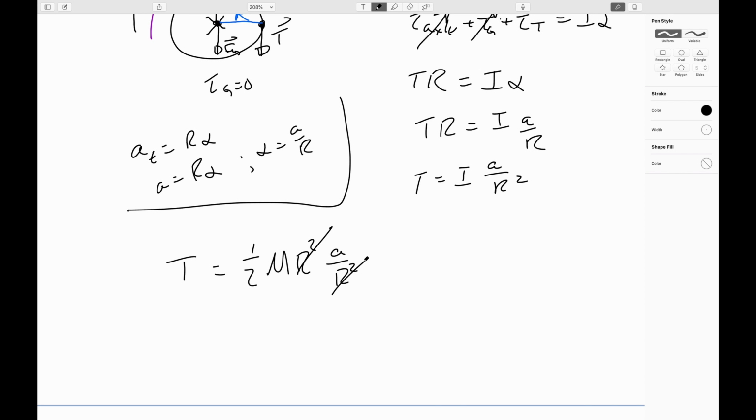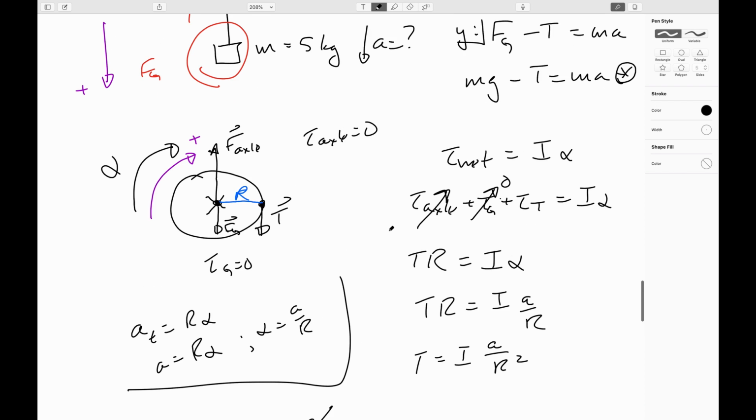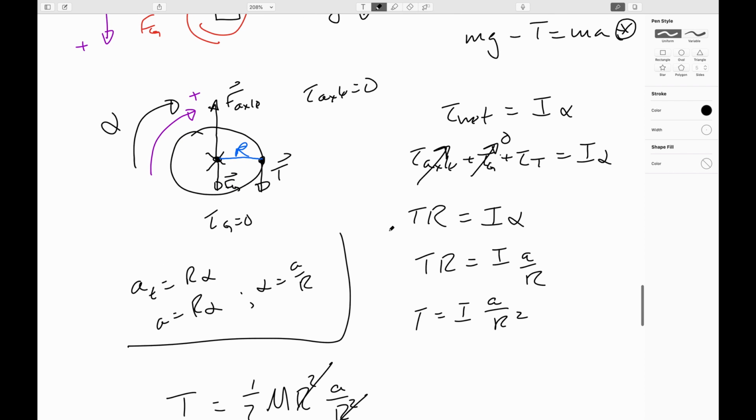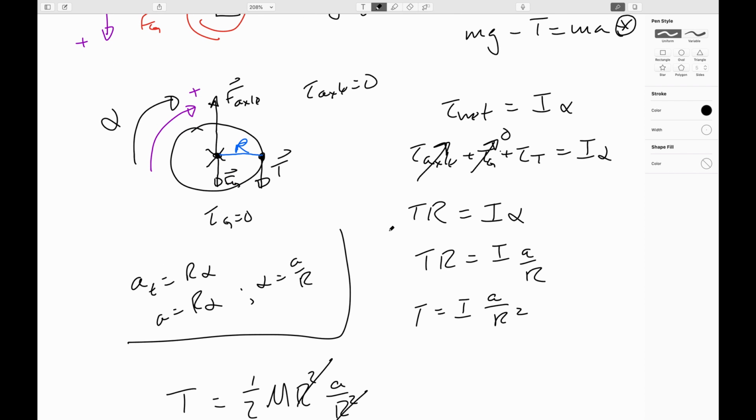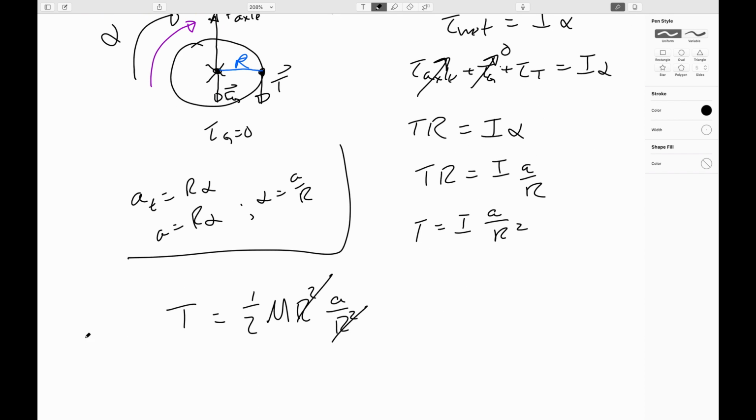Awesome. So it turns out it did not matter at all what the radius of the wheel was, only that it was a disk shape and what its mass is. But now importantly, we can take that result and plug it back into star up above.